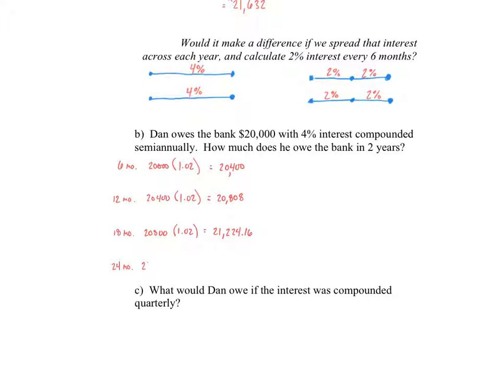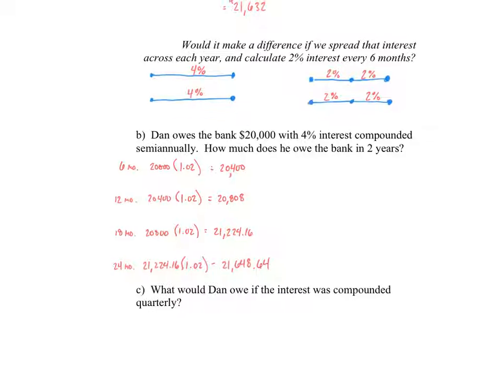So we're going to use that, calculate our final 2%, and it turns out $21,648.64 is how much he owes at the end of that period of time.